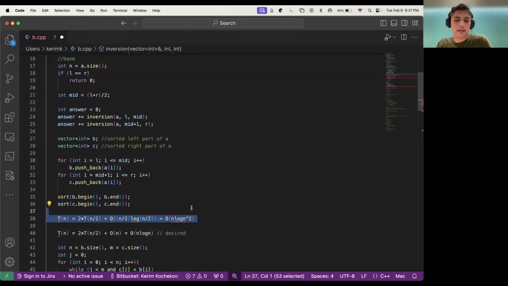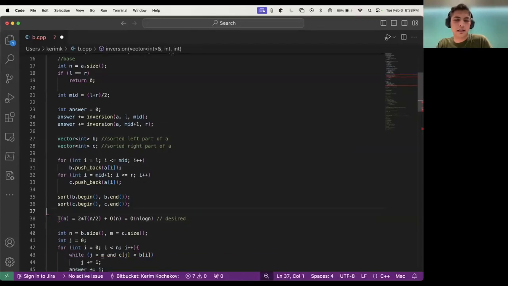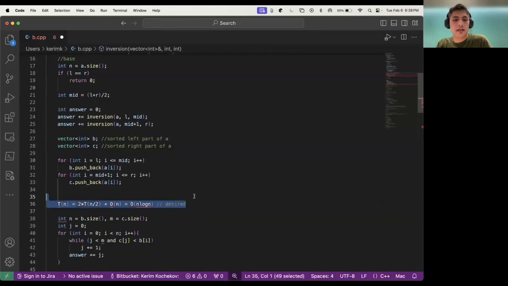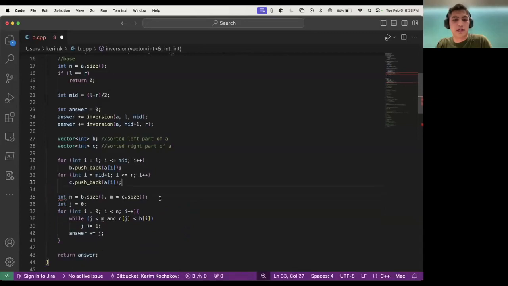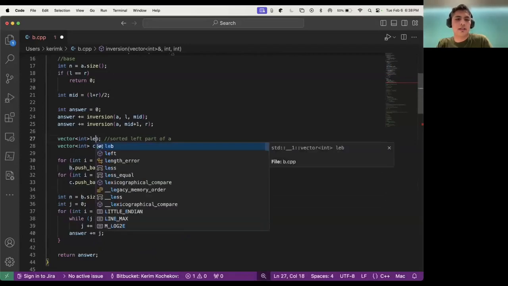And yeah, so here, instead of using sorting algorithms that are C++ embedded functions, we just use the merge idea in the same algorithm to have B and C, like left part, and maybe I can just change the names.